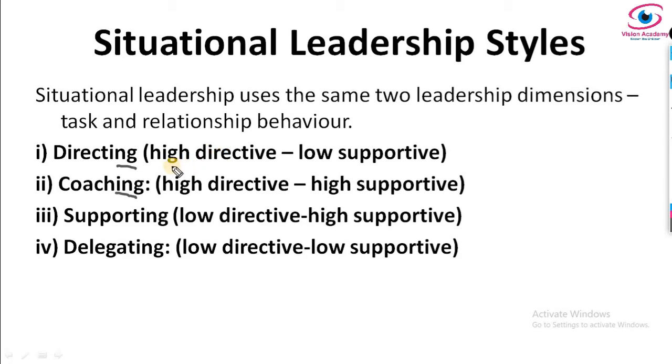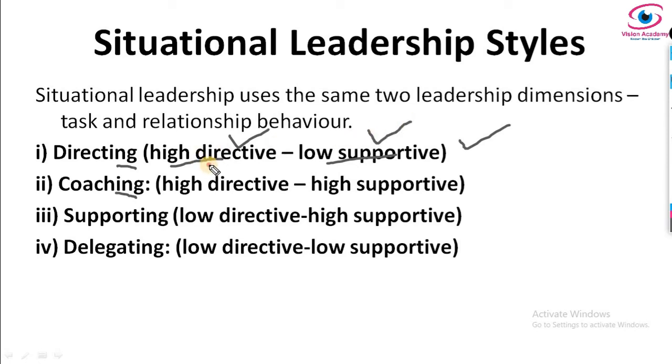In case of directing, they require high directive and low supportive. How does it work? The leader defines roles. He has to define roles and tell people what tasks to do and how, when, where to do them. It emphasizes directive behavior, and once he has given direction, low support is required.